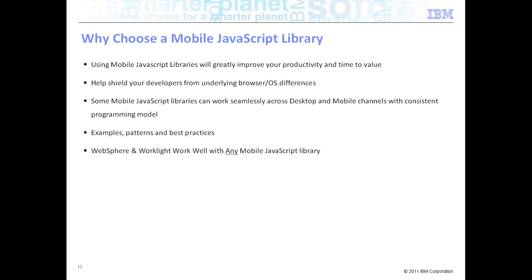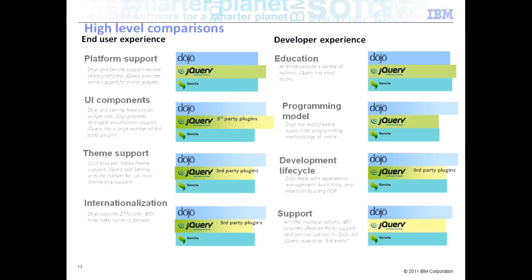Most of our IBM products are designed to work seamlessly with any of the mobile JavaScript libraries. So with this, I believe it's pretty evident why a JavaScript library should be used for developing a mobile app.